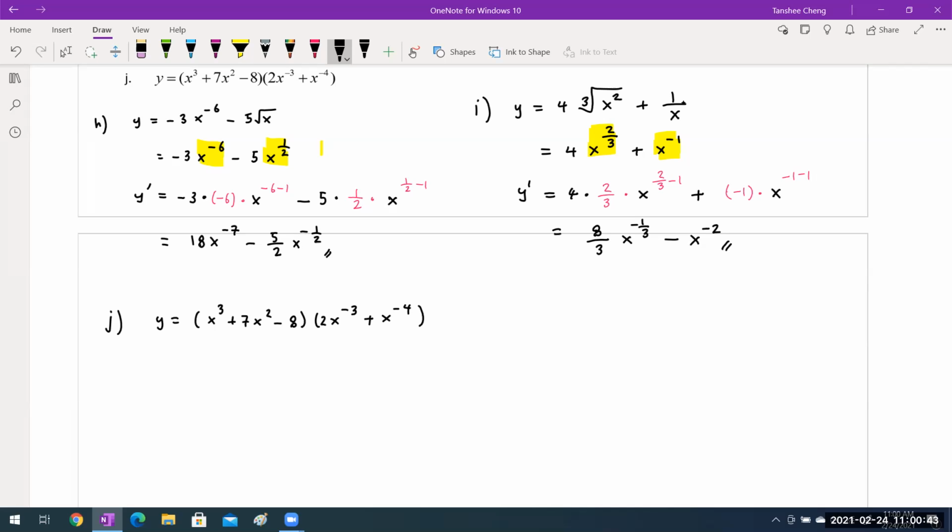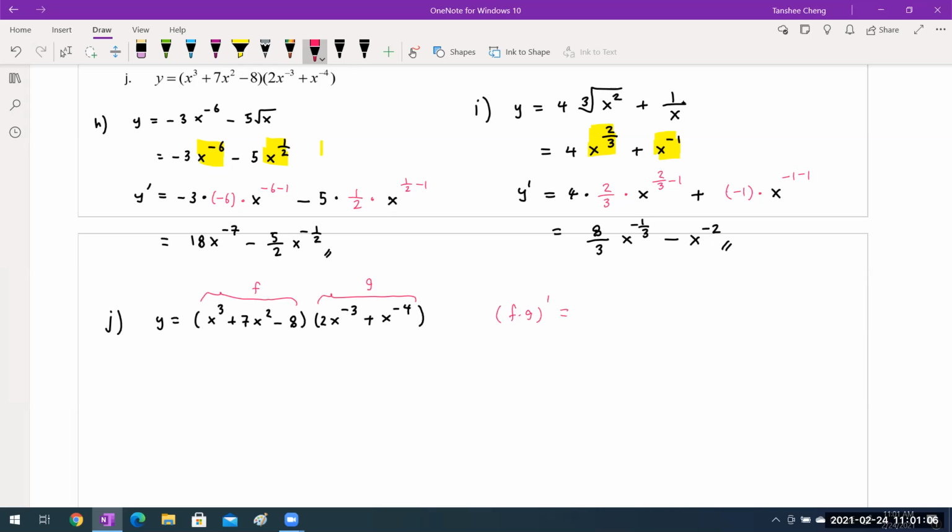That takes too long. So what we need to do is use the product rule right here. Right? So in order to use the product rule, the way that I'm going to look at it is I'm going to look at the very first factor as a function, and the second factor as another function, so that I can think about this when I take the derivative of f times g, right?